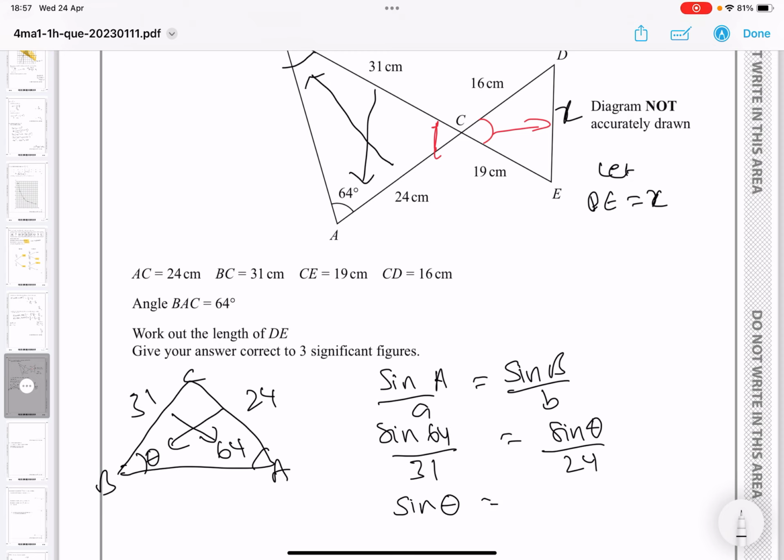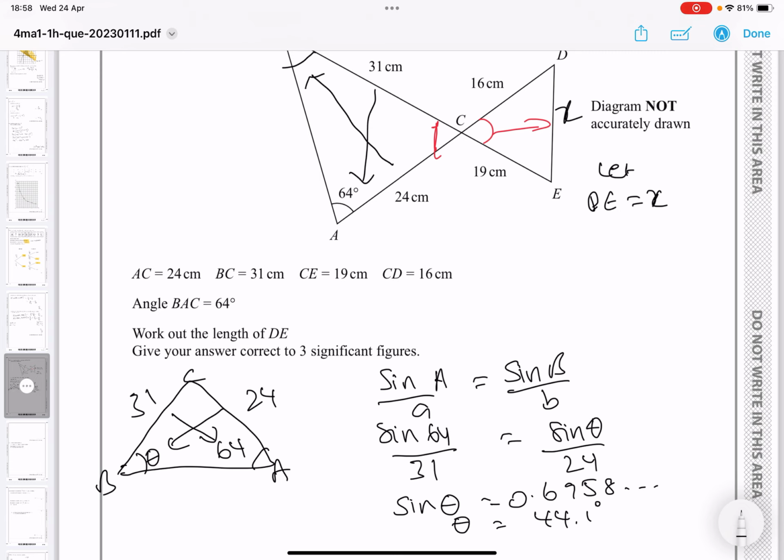So sine theta equals, let me quickly work that out, guys, sine 64 over 31 multiplied by 24, 0.6958 and so on. Theta is going to be sine inverse of that, which is 44.1 degrees.